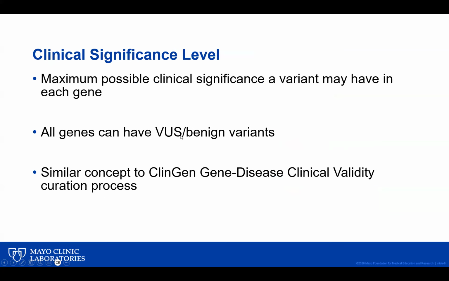Along with this, we also came up with a way to stratify genes, which is similar to, if you're familiar with it, the ClinGen gene-disease clinical validity curation process. This followed a similar route where we wanted to identify the maximum possible clinical significance a variant may have in each gene, with the understanding that all genes can have VUS or benign variants.